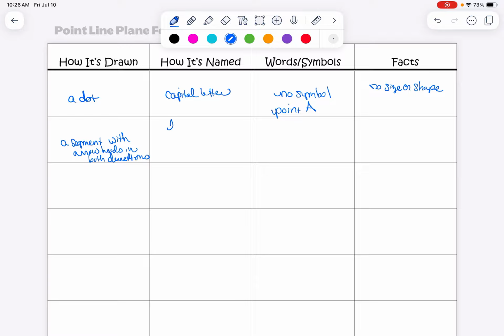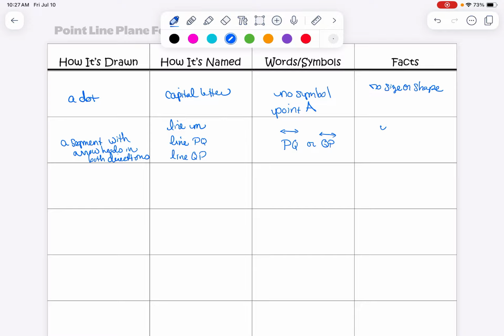We can use the word line and then the script case M, or we can say line PQ, always capital letters for points, or line QP. Order doesn't matter. So as far as a symbol is concerned, our symbol looks like a double arrow-headed line, and then the letters, capital letters P and Q below it, or line QP.